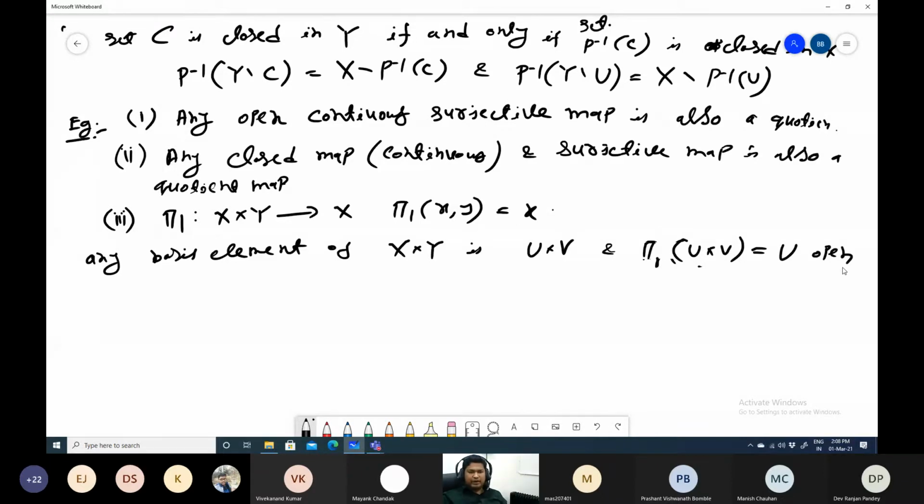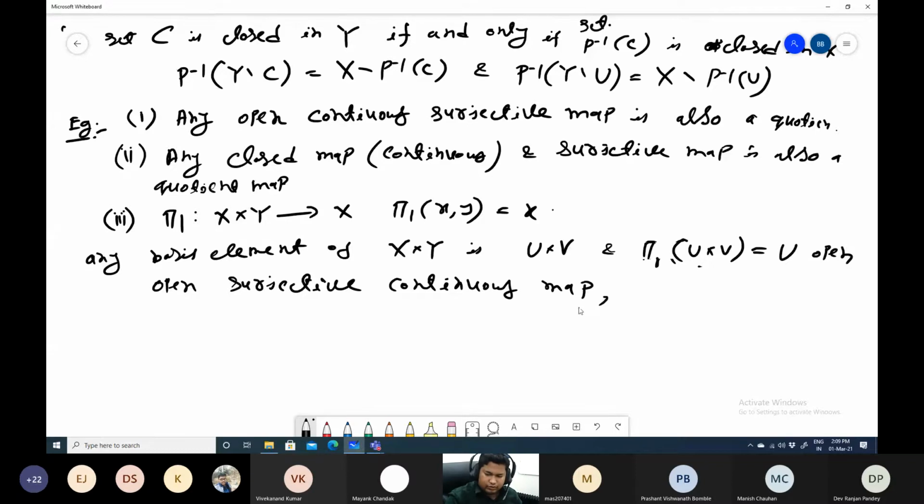So this is an open map, right? Because it sends basis elements to open sets, therefore it will send any open set to an open set. So it is an open surjective continuous map. So pi1 is also a quotient map.